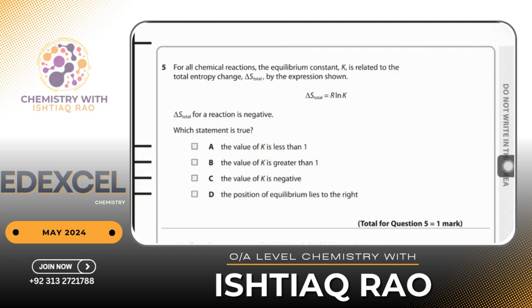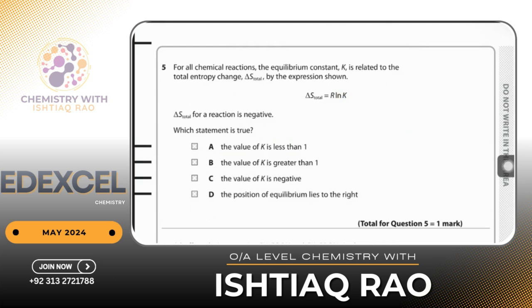I have to have the delta S negative. So how can I get a negative delta S: when the value of K is less than 1, when K is greater than 1, when K is negative, or when the position of equilibrium lies to the right?